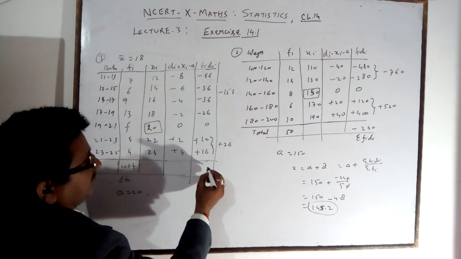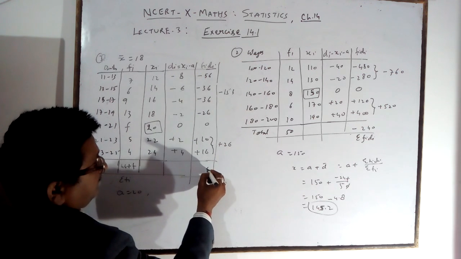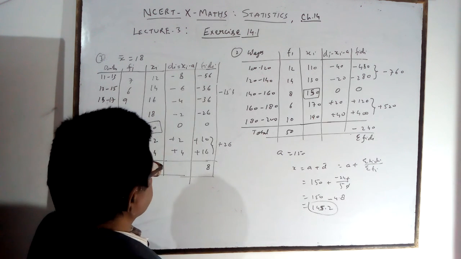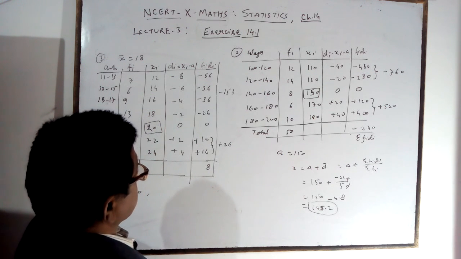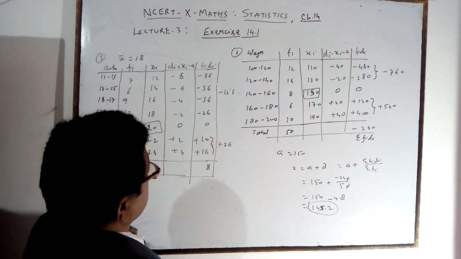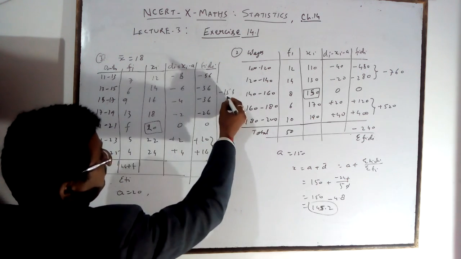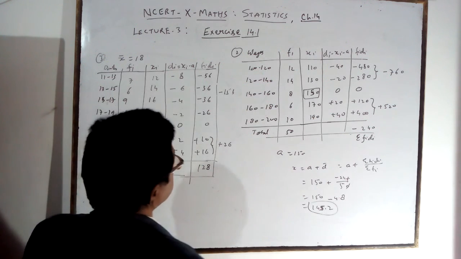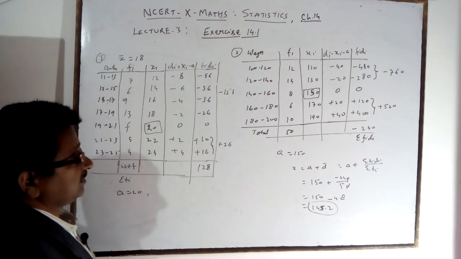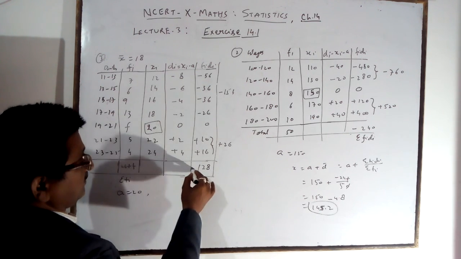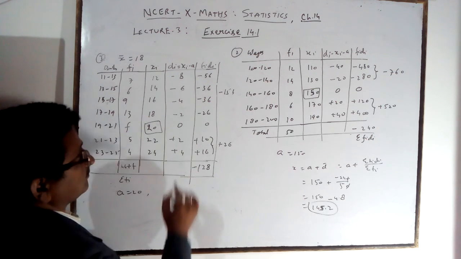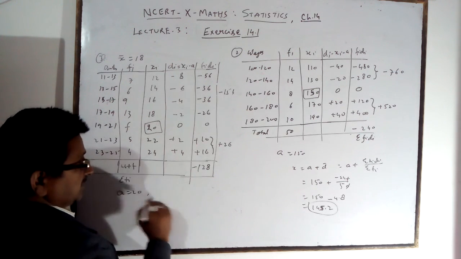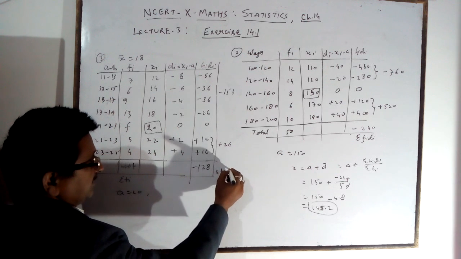So the sum will be 128 with negative sign. What are you getting? It is called sigma fi di.